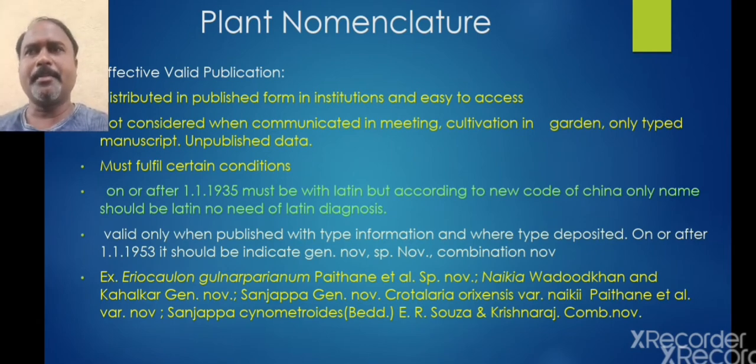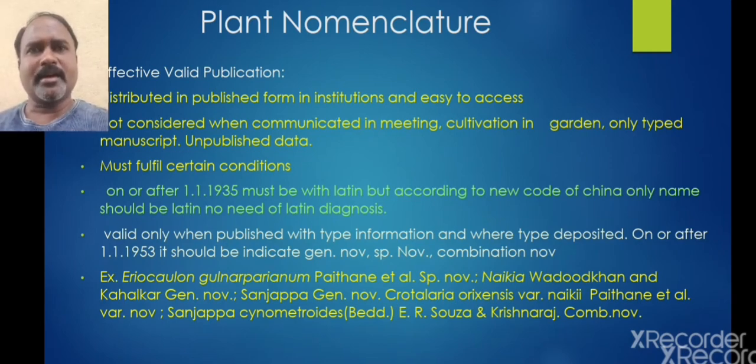If he has given only the presentation and he thinks that it is my species, then it is not a valid publication. Someone else will collect that data and publish it in a journal.